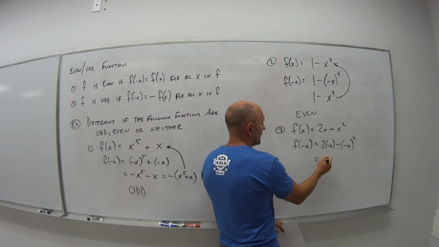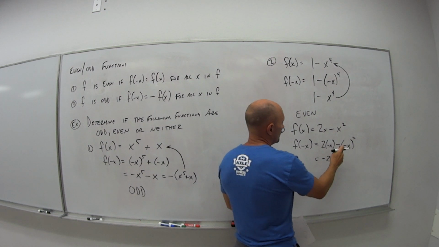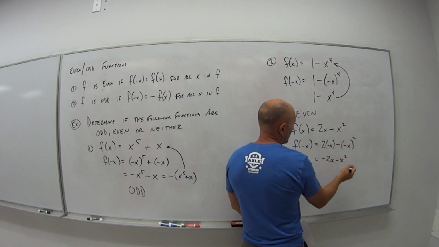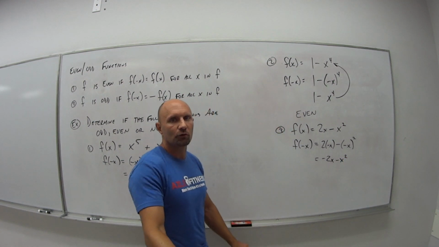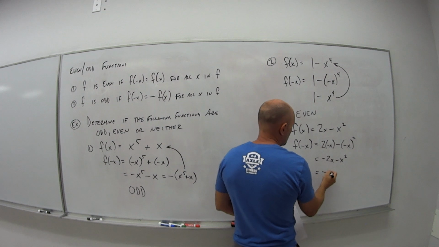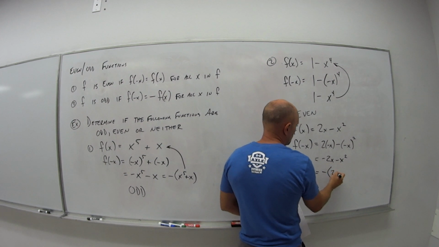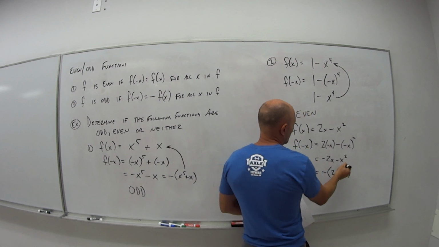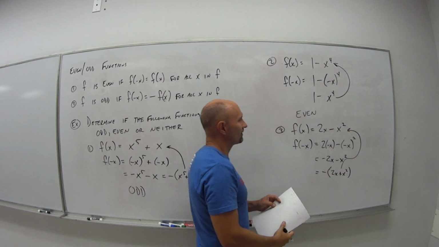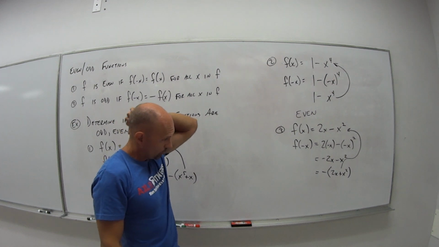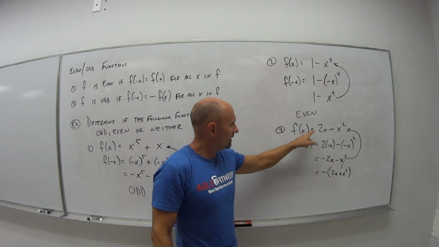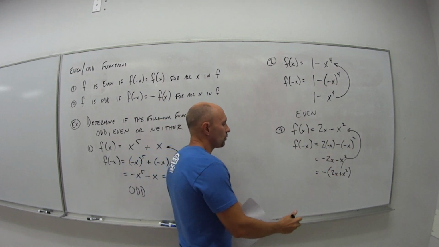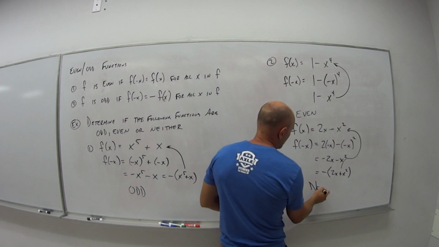So we get what? Minus 2x. Negative 1 squared is positive 1, so minus x squared. So if I factor out a negative 1, what am I left with? I'm left with 2x plus x squared. Well, I started with what? I started with 2x minus x squared. So it's not the same, and it's not a negative in front because I have this positive that's different from the original, so that means this is neither.